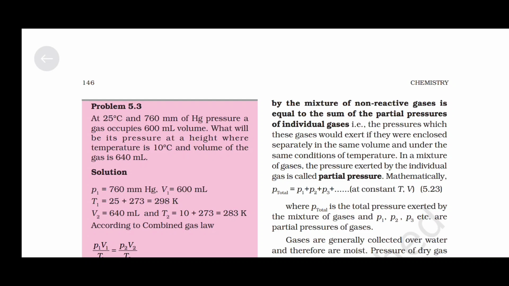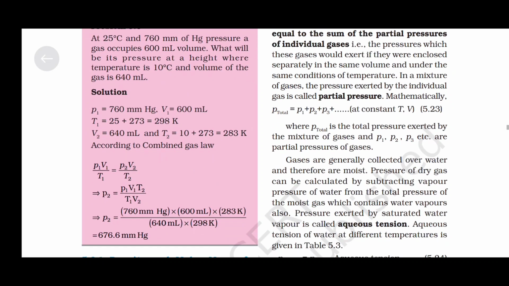In a mixture of gases, the pressure exerted by the individual gas is called partial pressure. Mathematically, P total is equal to P1 plus P2 plus P3 at constant temperature and volume, where P total is the total pressure exerted by the mixture of gases and P1, P2, P3, etc. are partial pressures of the gases.